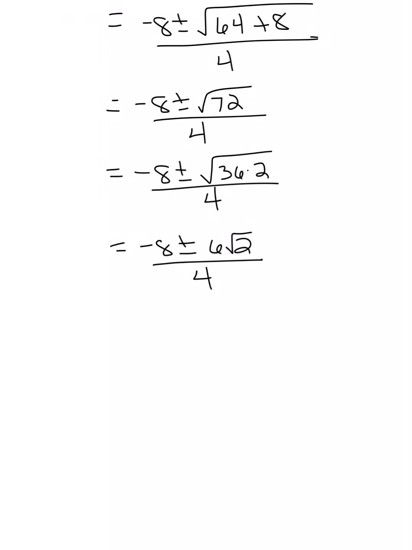We have to divide all of them by 2. This means that our first term becomes -4 plus or minus 6 divided by 2 leaves me with 3 square root of 2 over 4 divided by 2 is 2. This is our simplified answer.